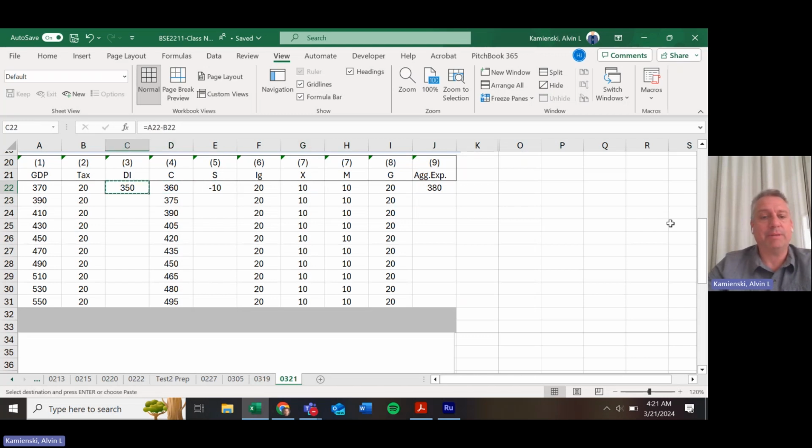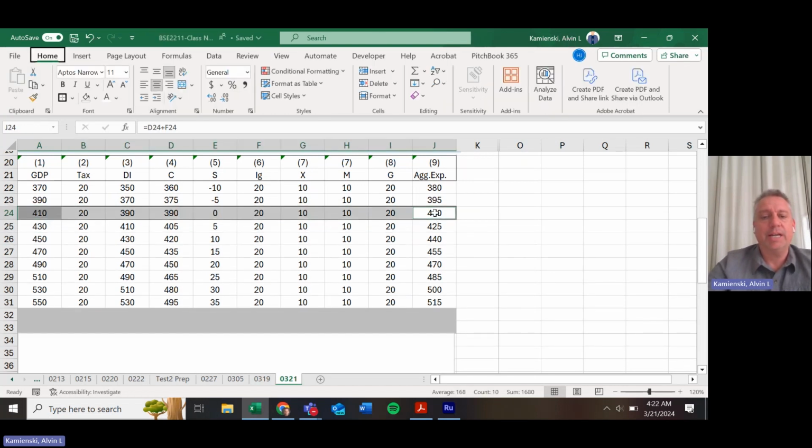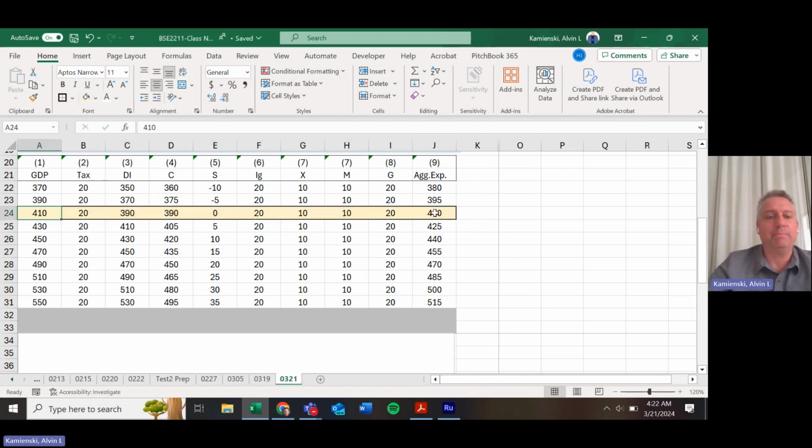So let's go ahead and just copy and paste these things down so that we can get all those formulas in and take a look at what our equilibrium GDP would look like if we were in a private closed economy. At a GDP of 410 would be an aggregate expenditures of 410. And in that situation, we would have equilibrium based off of that level of GDP.